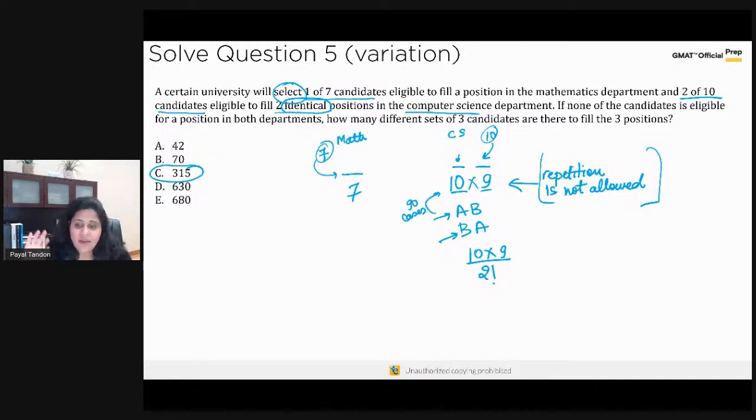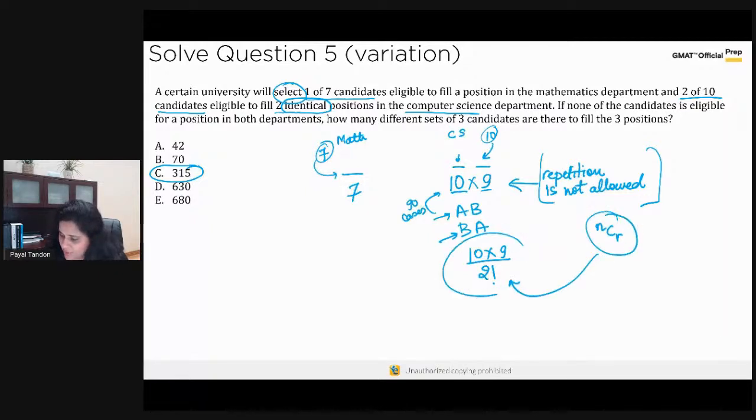So again, I am not using any formulas. Now, if you are at that level of conceptual clarity, you could have utilized nCr over here to calculate this for the computer science department, and that would have gotten you to here. But whether to apply nCr or nPr requires you to understand the scenario that is given to you, which is why I don't want you to rely on formulas just yet, till the time you understand how these formulas come into the picture.